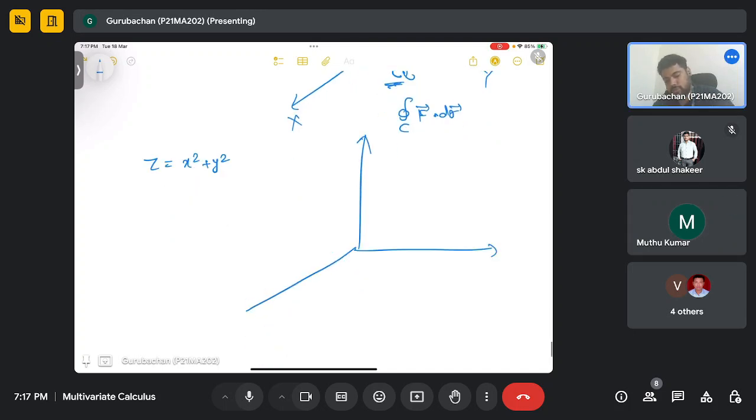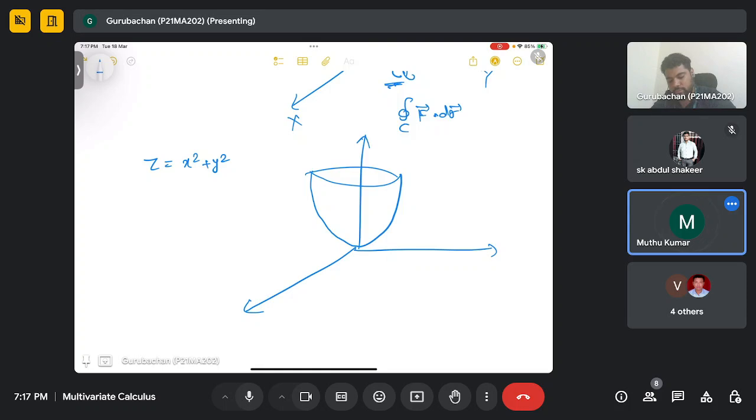So as per your saying, this is cut by a plane. Which plane? The same equation we take, z equals what is the equation?